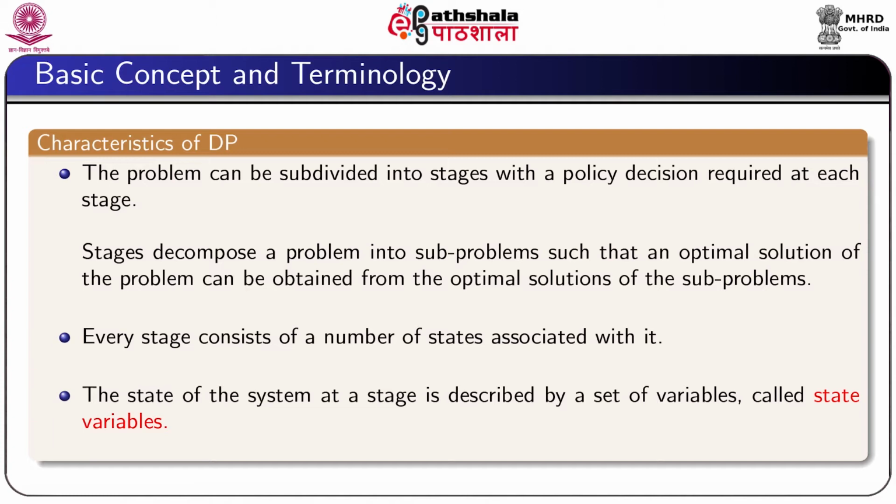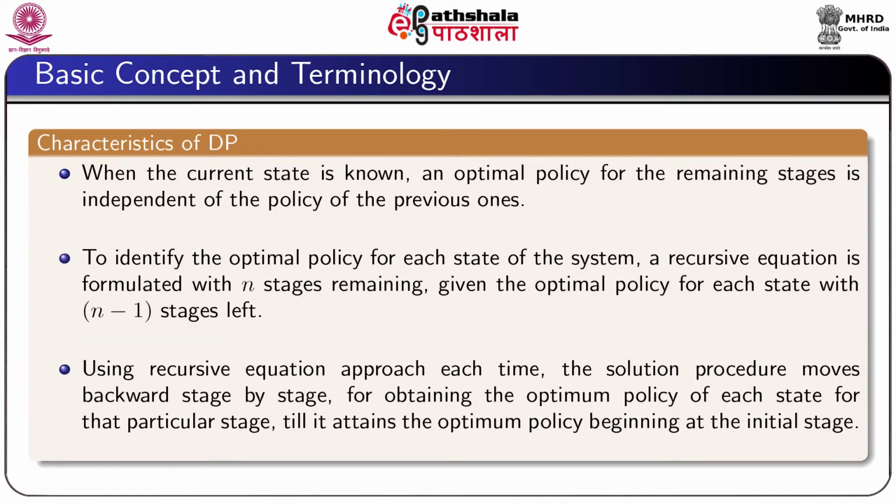Every stage consists of a number of states associated with it. The state of the system at a stage is described by a set of variables we call as state variables. When the current state is known, an optimal policy for the remaining stages is independent of the policy of the previous ones.